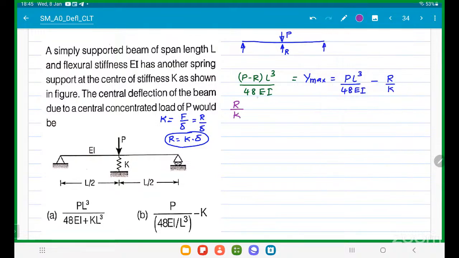R by K plus R L cube by 48 EI is equal to P L cube by 48 EI. Correct? Right?